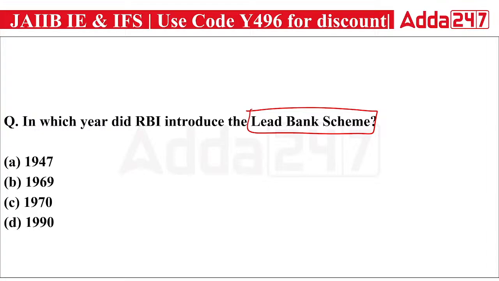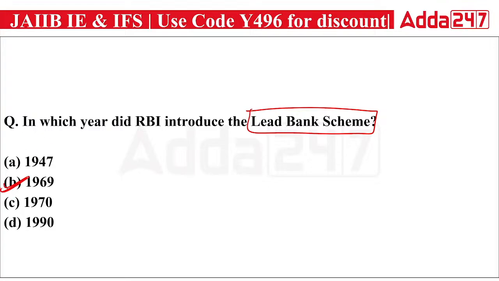RBI wanted every district to have the required bank branches so that each person can come and participate in banking financial products and services. And second, RBI wanted everybody to have adequate credit whenever required. That's why RBI introduced the lead bank scheme on the recommendation of the Gadgil study group in December 1969.